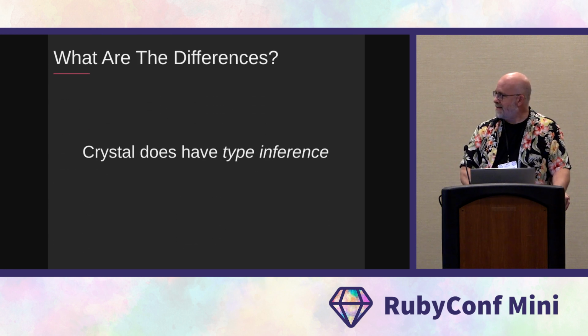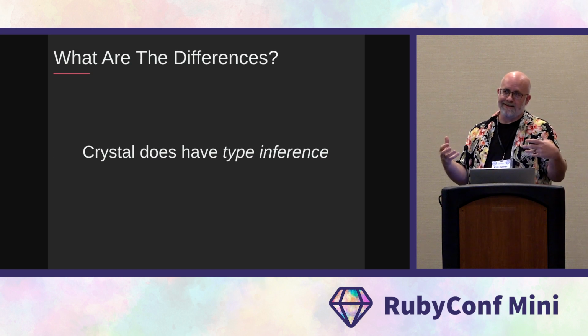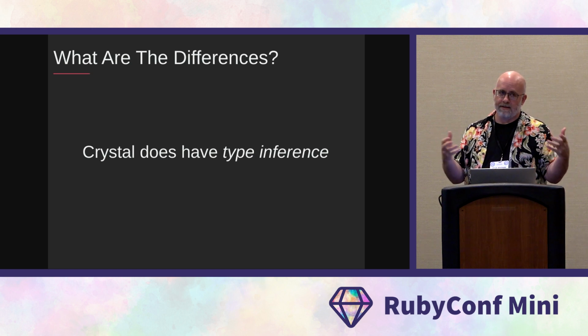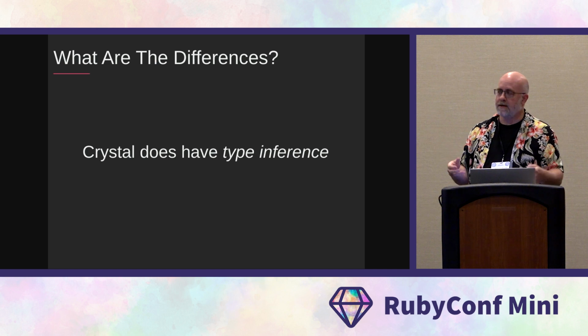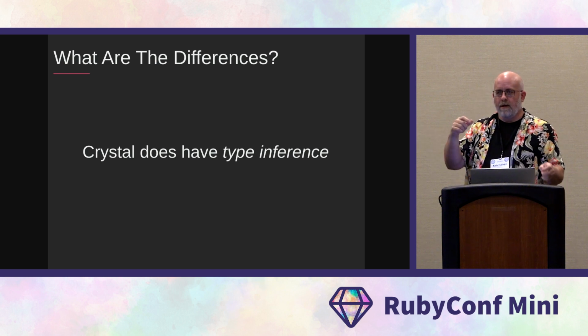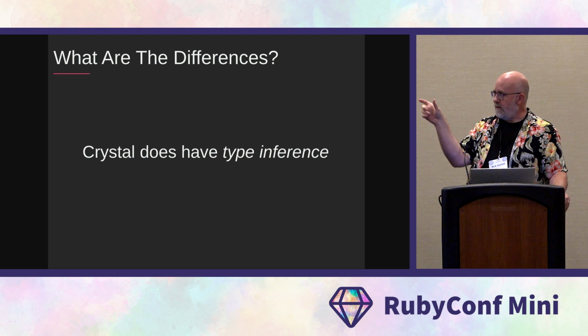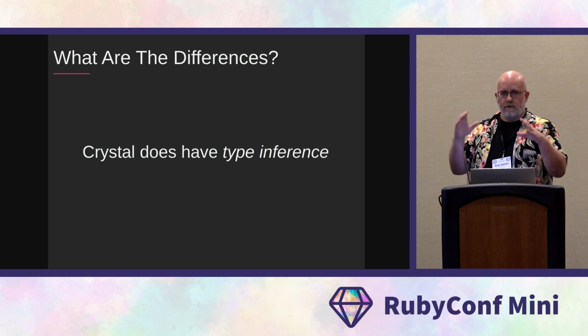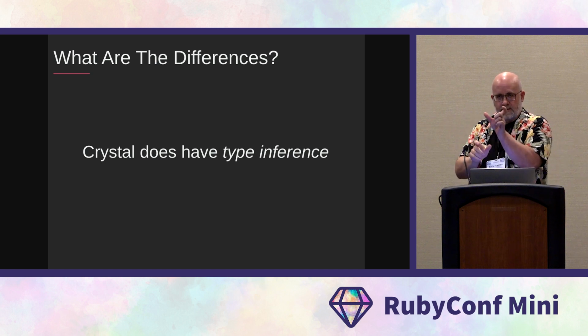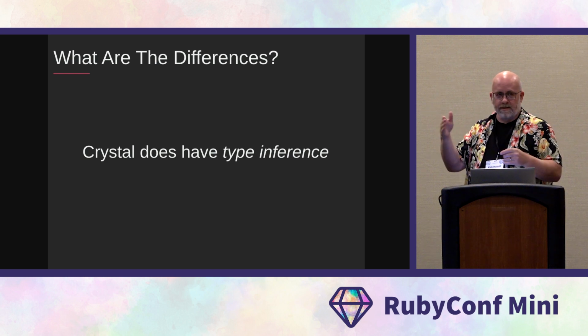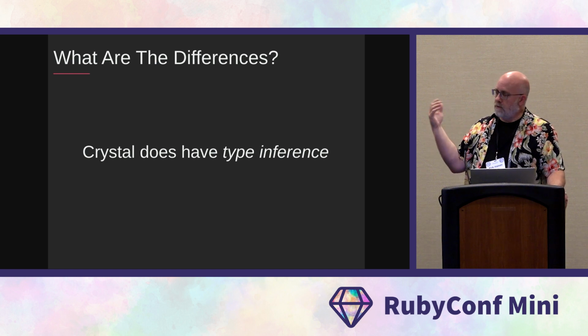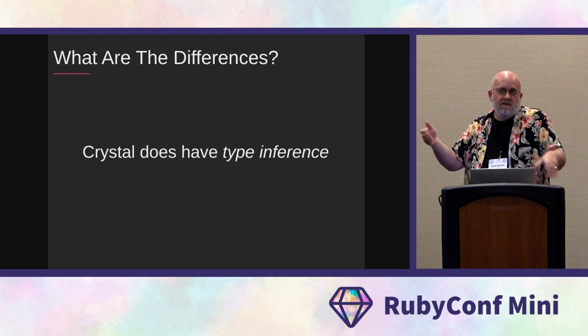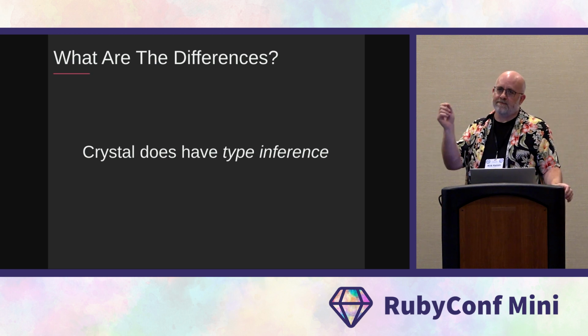Now, Crystal does have type inference, which means that in a lot of cases it can figure out the types of things, so you don't have to specify those types. Back in that early example where you had the array with the type specified, if in Crystal code you just used the syntax to specify a static array with strings in it, Crystal is going to see that and know you mean an array of strings, and you won't have to specifically tell it.